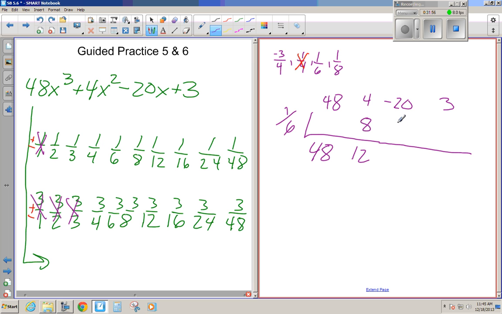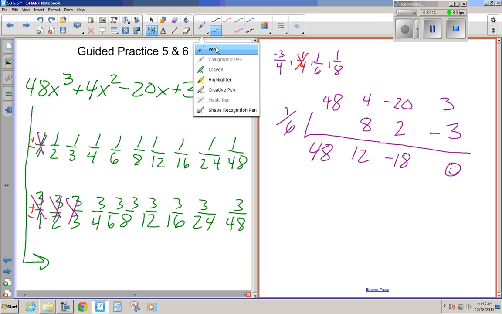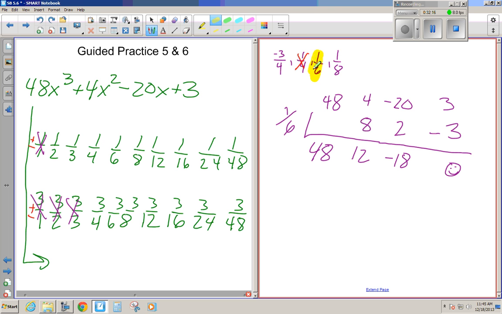A sixth of 12 is 2. That's -18. A sixth of -18 is -3. Gives me 0. And a 0 makes me happy. So I now have one of my zeros. 1/6 is a zero for sure.